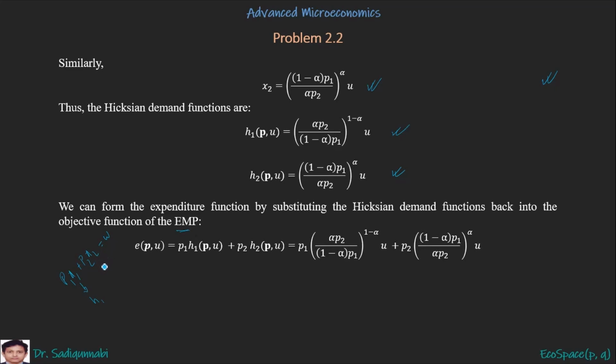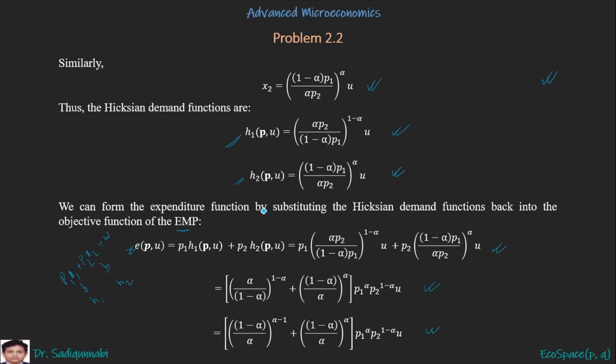So if we put in the values of h1 and h2, we get this expenditure function, and simplifying we get this equation, and finally this equation. Similar to the UMP, from EMP we get the expenditure function, which is actually the minimum value function from EMP. This ends our problem 2.2.